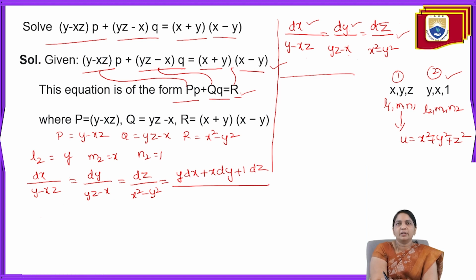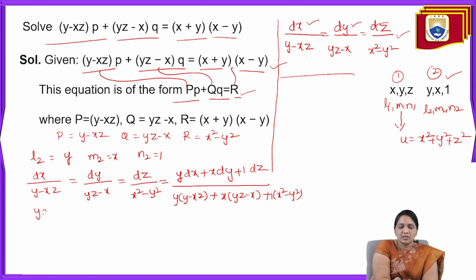Now I am going to multiply and add the denominator. So y into (y minus xz) plus x into (yz minus x) plus 1 into (x square minus y square). First I will simplify this one.